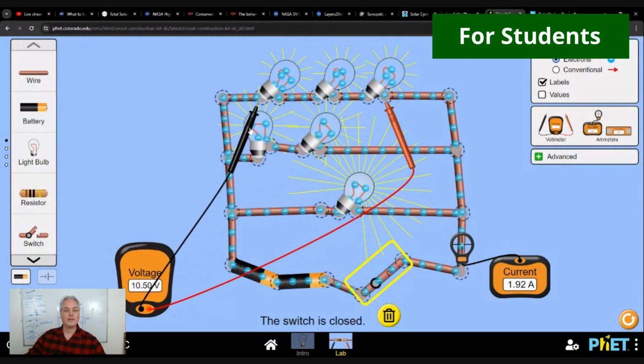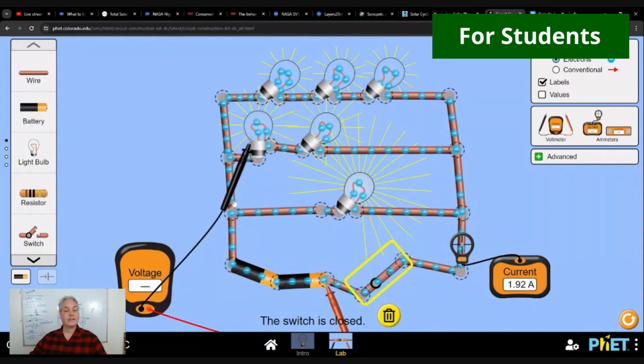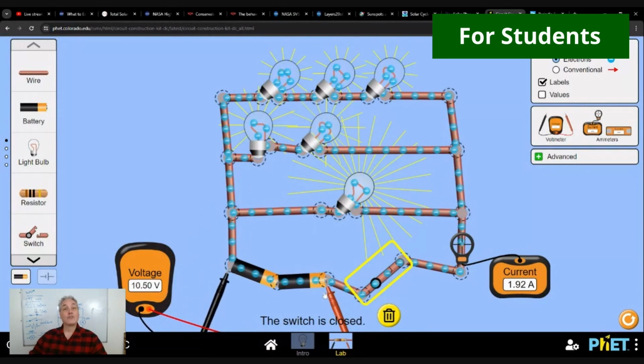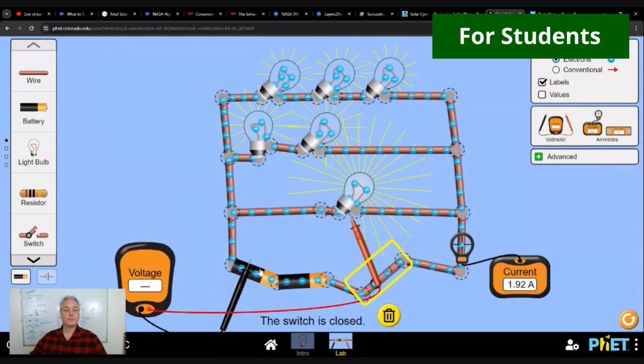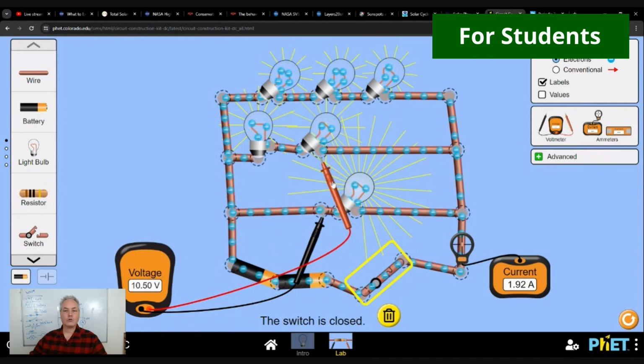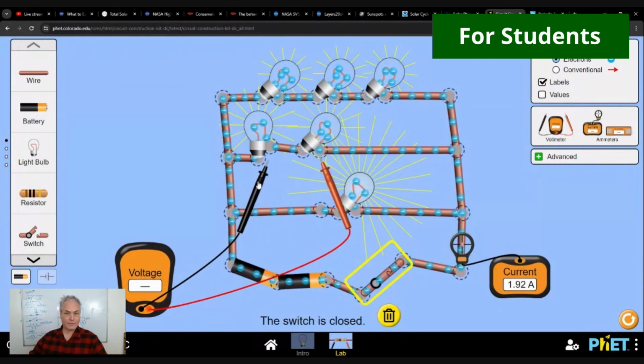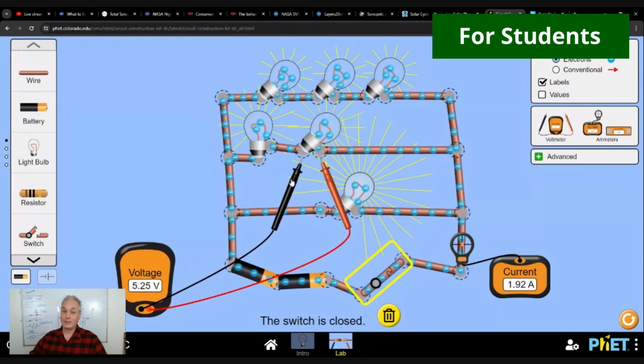And if I include the three of them, I have 10.5 volts, which makes sense because the electrons going through the battery each gather 10.5 volts to give to one bulb. That means that bulb has the whole 10.5 volts. And in the branch with two bulbs, the electrons get the full 10.5, but because there are two, we divide the voltage.